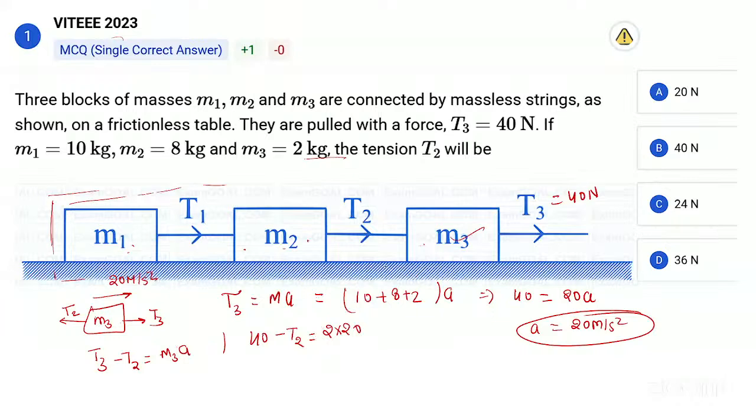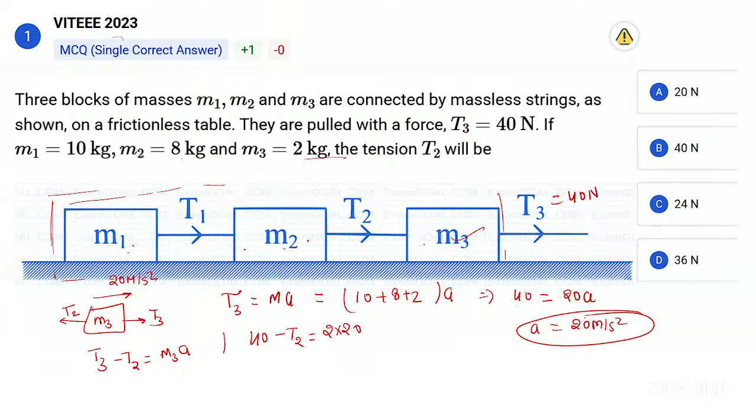Everything is fine, right? The net external force is T3 here. They are pulled with the force of T3, that will be 40 Newton. The sum of the masses is 10, 8 and 2.